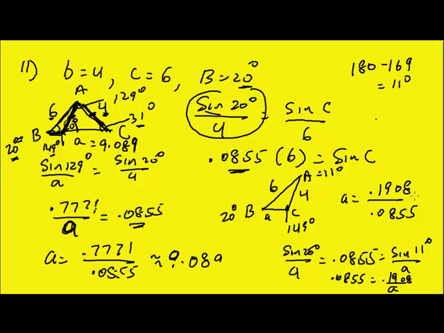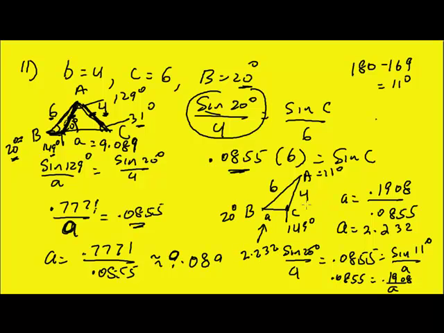So let's do that. And that turns out to be 2.232. So A is 2.232.